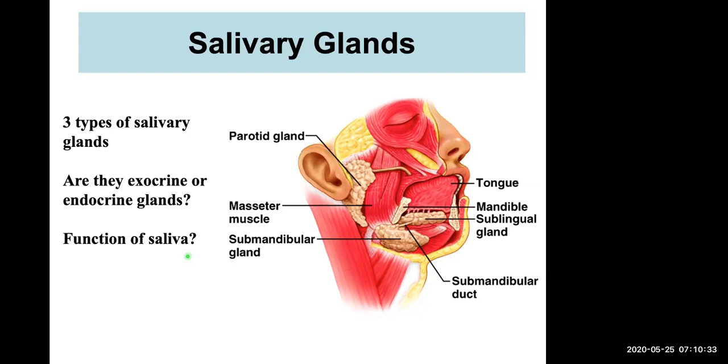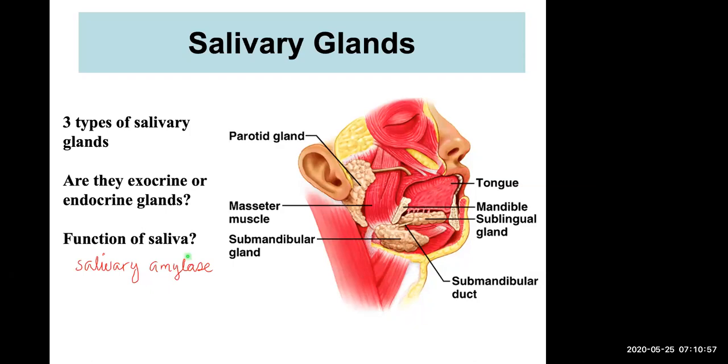Saliva also has 2 important enzymes. The first one is salivary amylase. Salivary amylase's job is to break down starch. So this is chemical digestion, because starch is a carbohydrate.